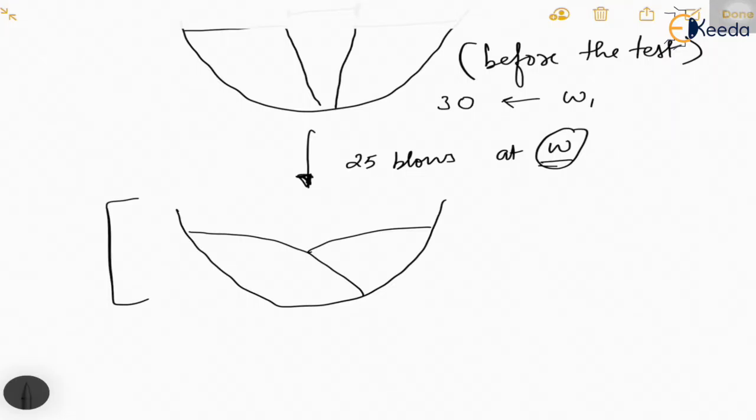So what you did, you took another sample, sample B, and you added a little more amount of water, and you came to the water content of W2, in which we obtained that in exactly 25 blows we were able to obtain this representation, and the soil was able to flow.